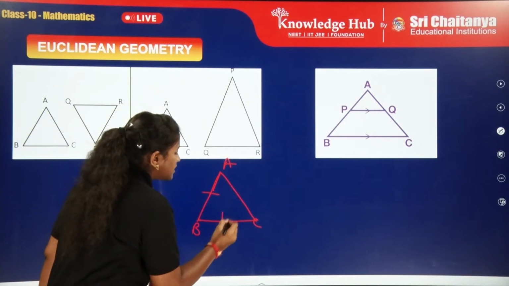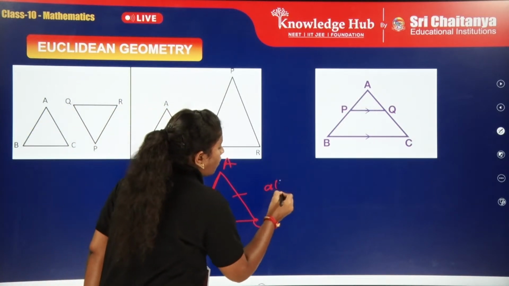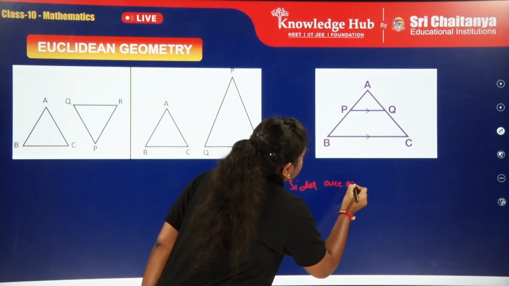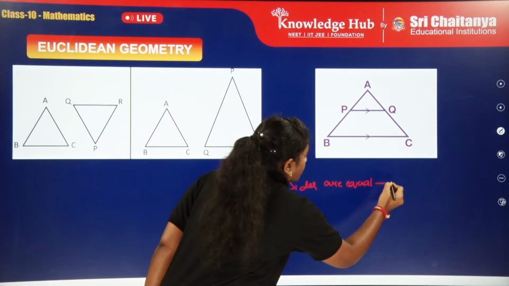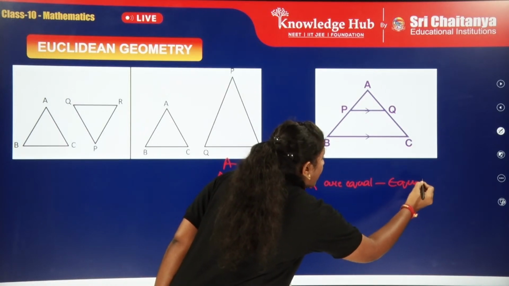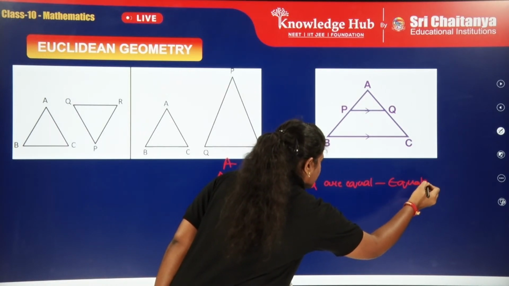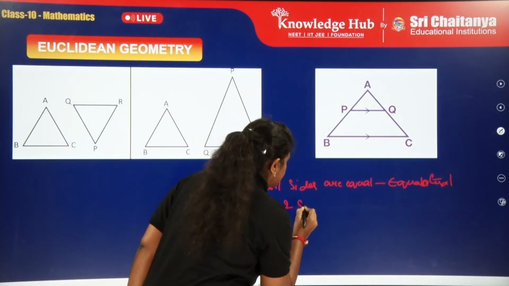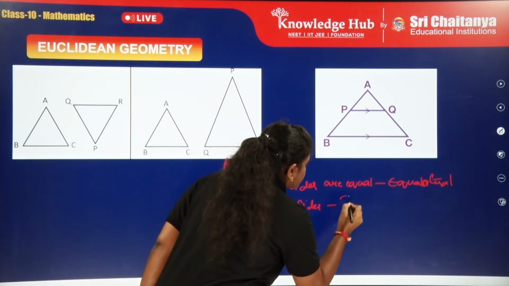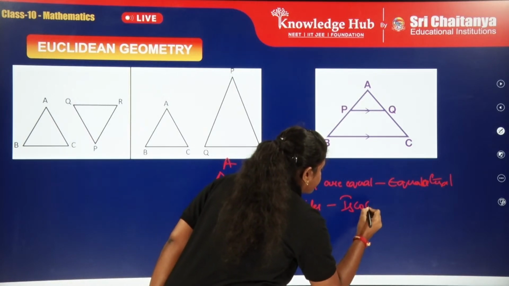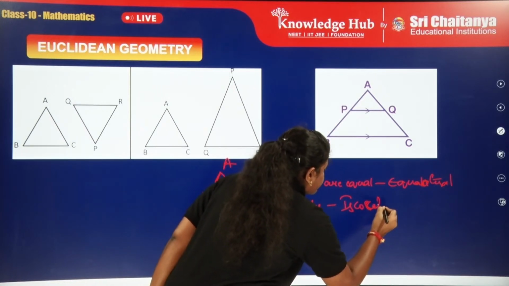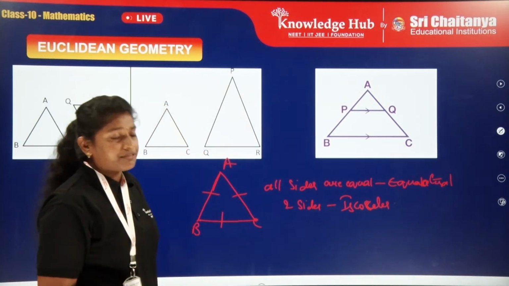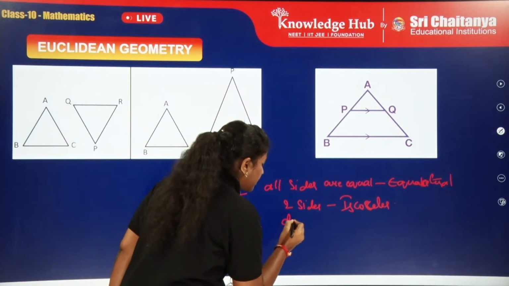If all sides are equal, then it becomes the equilateral triangle. Okay. And if two sides are equal, then it becomes the isosceles. And if no sides are equal, that means three sides are different, then it becomes scalene.